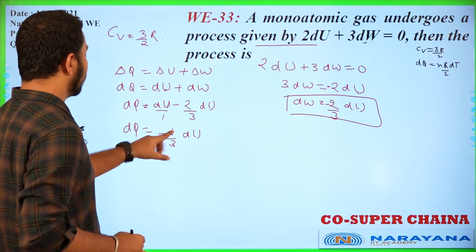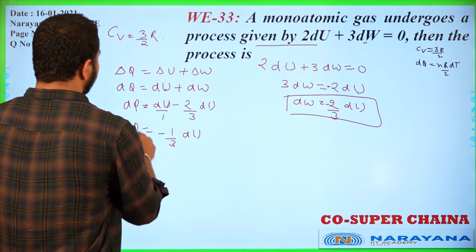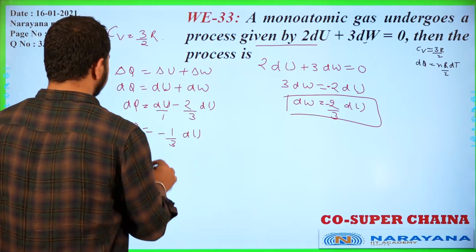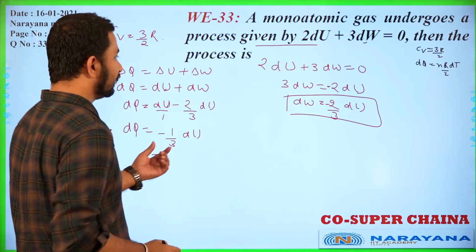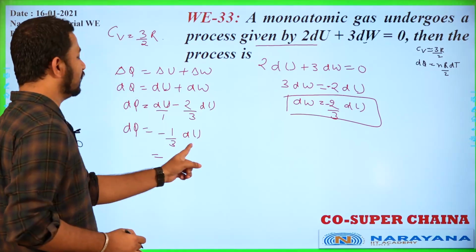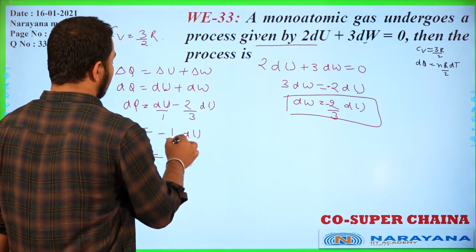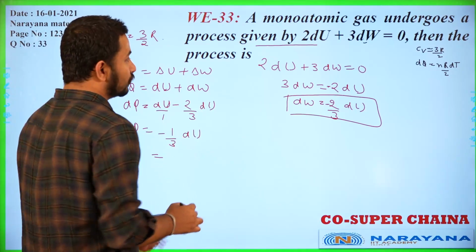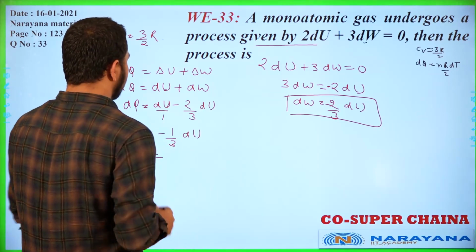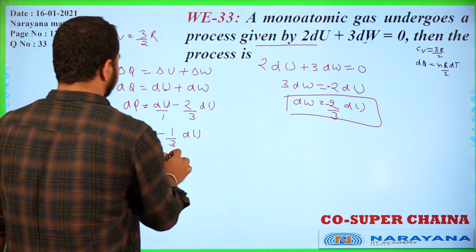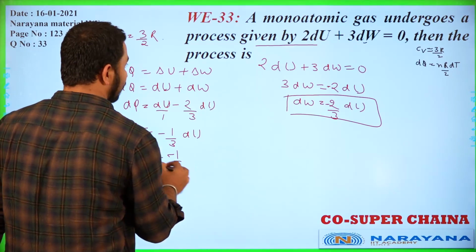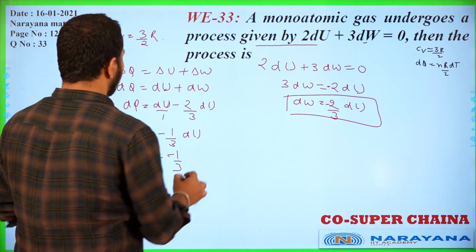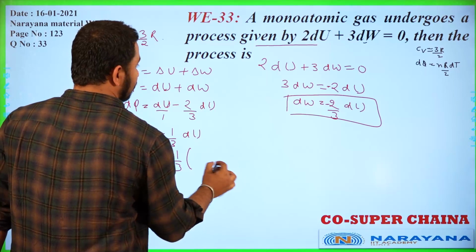So 3 minus 1 by 3. Now we know dq can be written with du in terms of nCv dt. So if we write it in terms of nCv dt, we can write minus 1 by 3 into nCv dt.